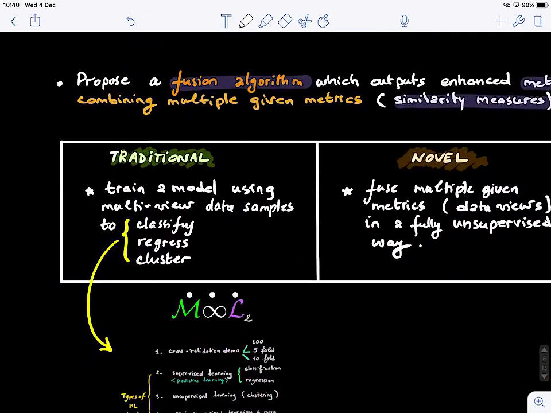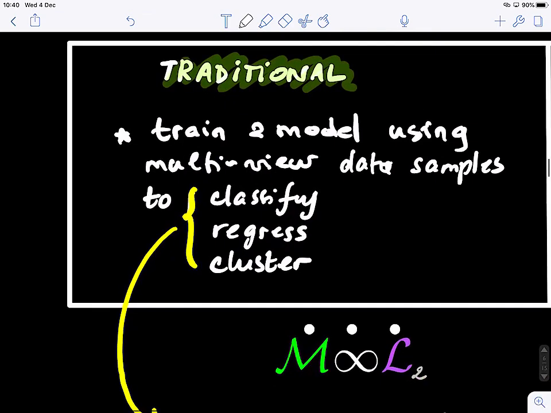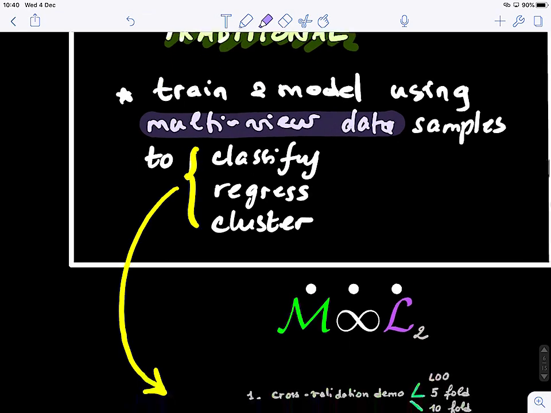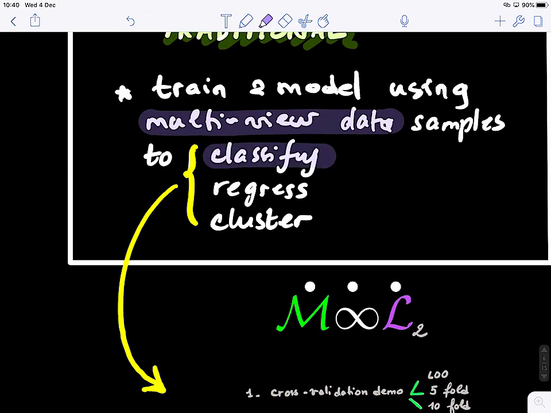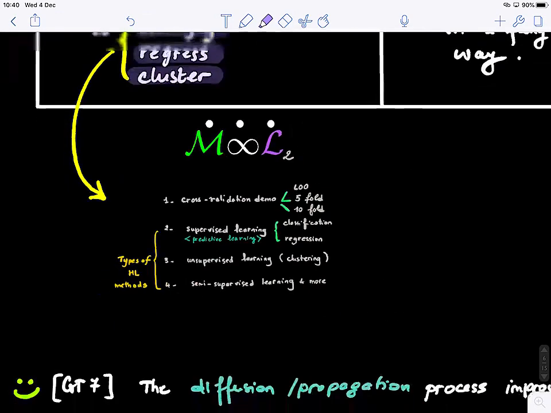So this is the traditional way in machine learning, train a model using multi-view data. So there are specific models that generalize to multi-view data, and then do this to classify, regress, and cluster. So those who have no idea about these terms, you guys can look at the Machine Learning 2 video and watch that and get to know what these terms mean in machine learning.